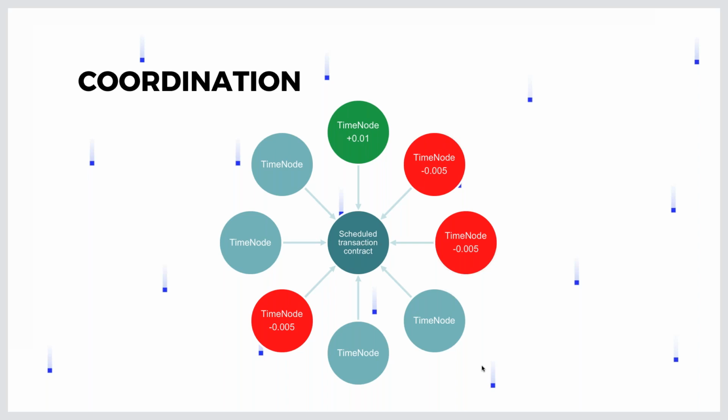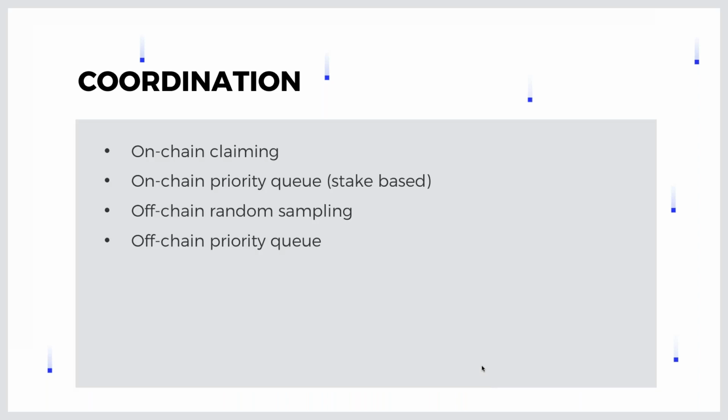Since only one can succeed, some of them are losing money. You see that in red because the transaction gets reverted. Some of them, because of the mitigation mechanisms that you can deploy, will ignore those transactions because they see it's already executed, the job already done.